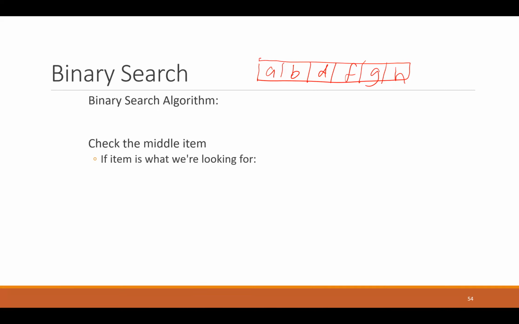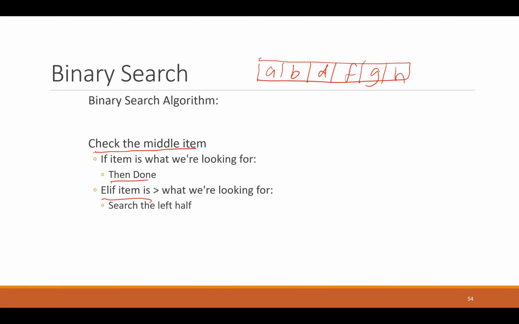Instead of starting at the beginning and looking at every single element, because it's in sorted order, I can take advantage of that. I'm going to start by checking the middle of the list first. If that's the item we're looking for, of course, we're finished. But if it's not, then because it's in sorted order, I know whether it's going to be to the right or to the left of this current item.